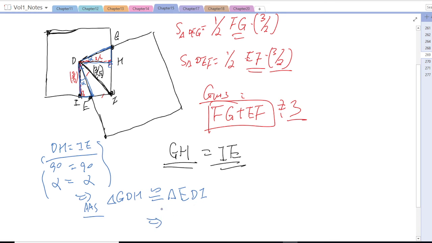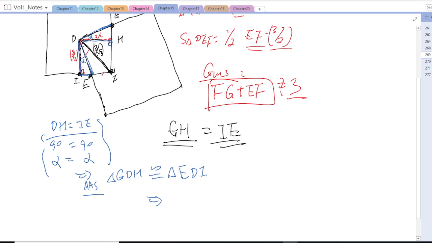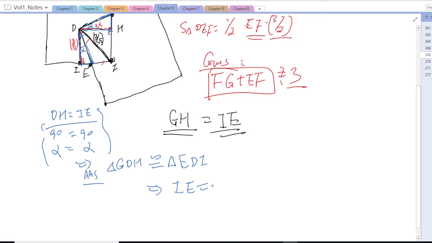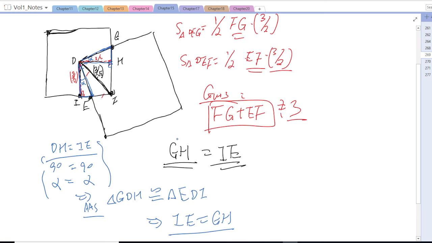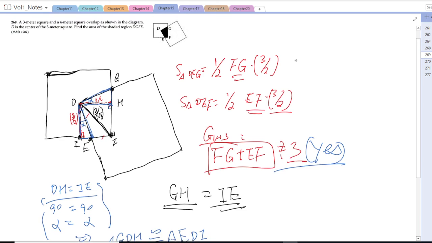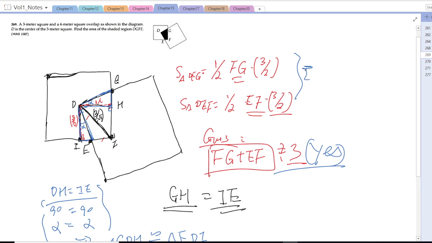Then what we have is IE equals GH. If IE equals GH, right, that means the GF plus EF is equal to HF plus IF, right? So now we prove, yes, this is true, right? If this is true, then the area summed together is equal to half of the 3 times the 3 over 2, which is 9 over 4.